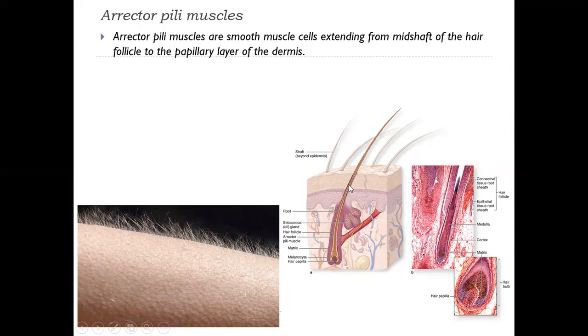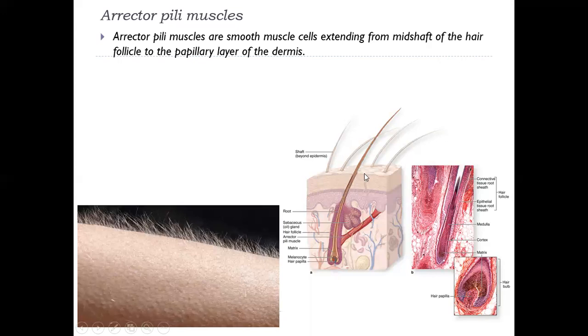Now usually the hair is placed obliquely, as we can see in this diagram. But when the arrector pili muscle contracts, the hair shaft becomes straight like this. Now this is obliquely placed. It makes an angle here.